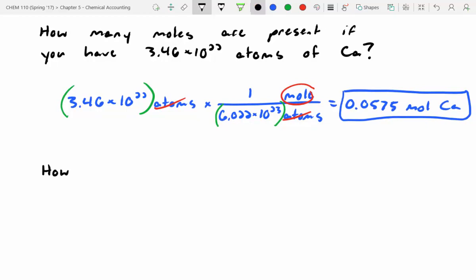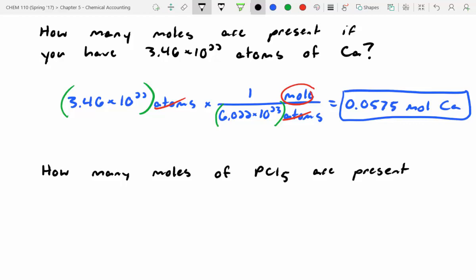So how many moles of PCl5? What's the name for PCl5? Yeah, phosphorus pentachloride, right? We don't have to worry about Roman numerals or anything like that.